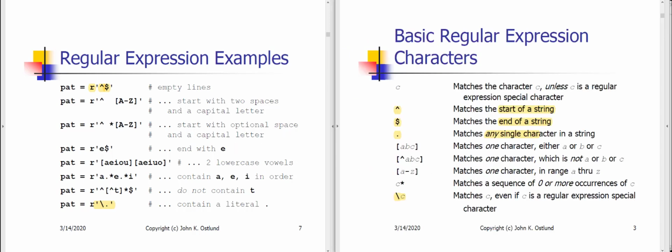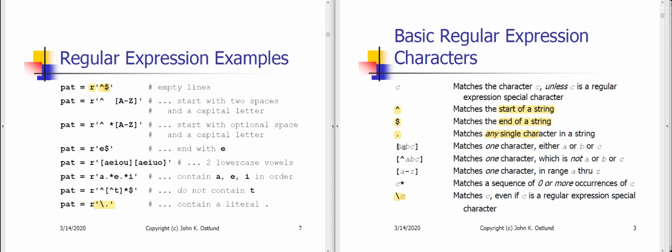Okay, so caret matches the beginning of the line, dollar matches the end of the line, dot matches any one character, and we can use the backslash if we need to or want to turn off the special meaning of any one of these characters and other regular expression characters as well.